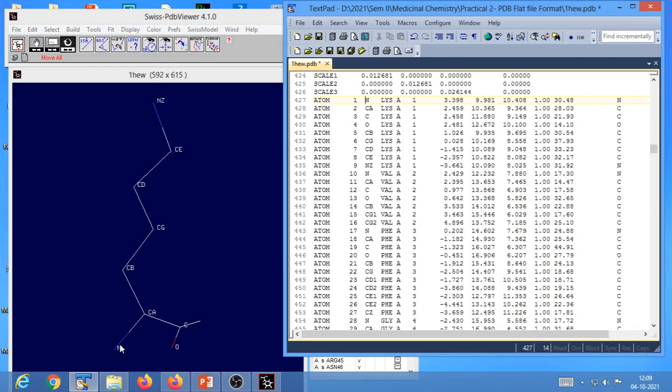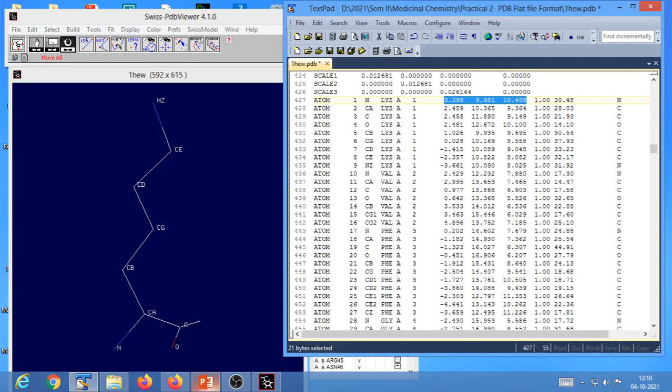And in order to represent anything in Cartesian coordinates, you would have to provide the three coordinates of each and every atom. So this is the x coordinate of your nitrogen, this is the y coordinate of your nitrogen, and this is the z coordinate of your nitrogen. These are the x, y, and z coordinates of this nitrogen in your PDB file.